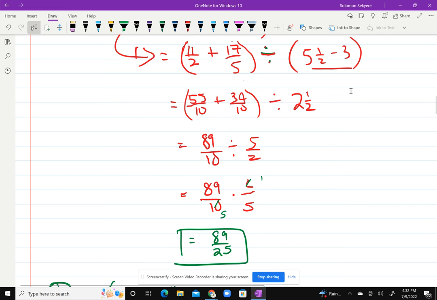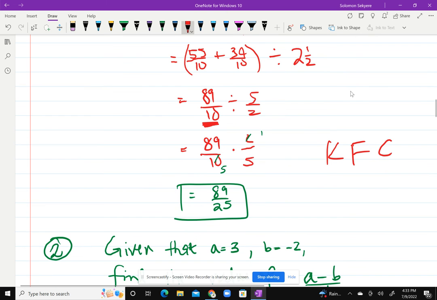So 89/10 divided by 5/2 becomes, remember, keep flip change, KFC. We keep the first fraction, we flip 5/2 to become 2/5, and then we change division to multiplication. And I say, simplify first. Do not do 89 times 2 over 50, which is 178 over 50.